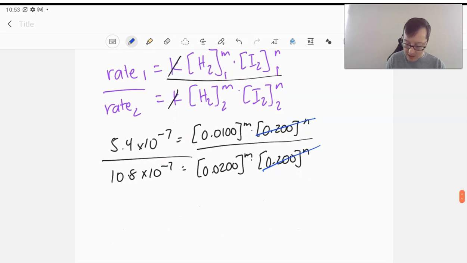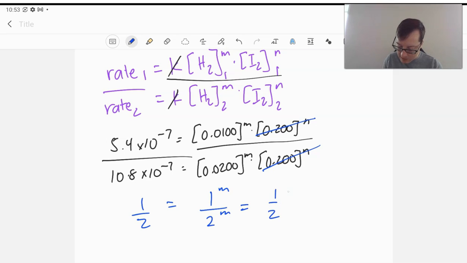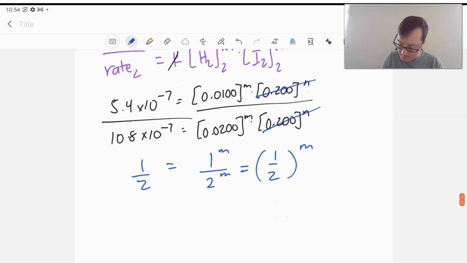So really, we have 1 over 2, if we just simplify that fraction, 5.04 over 10.8, is equal to 1 to the m power over 2 to the n power, or 1/2 to the m power. And so if we solve for m, 1/2 equals half to the m power, m has to be what? Right? Ta-da! Generally speaking, these coefficients are small whole numbers.